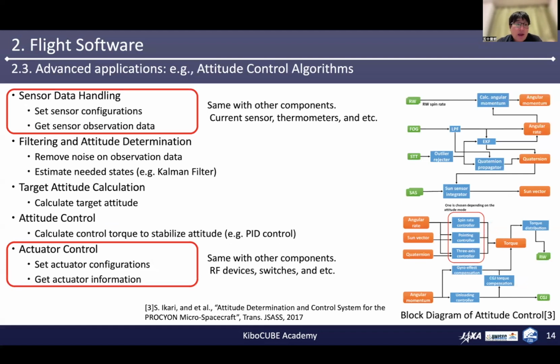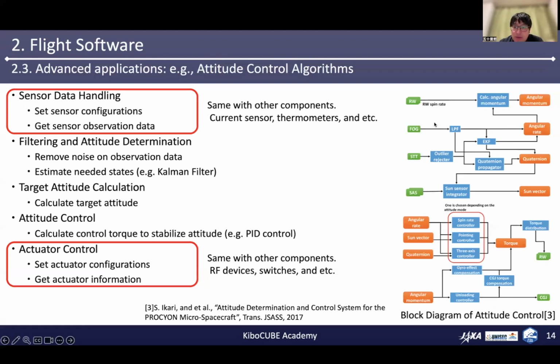So next, I'll talk about the advanced applications. For the autonomous operation of the satellite, this kind of advanced application is very important. So I'll show you an example of the attitude control algorithms. This figure shows the block diagram of attitude control.